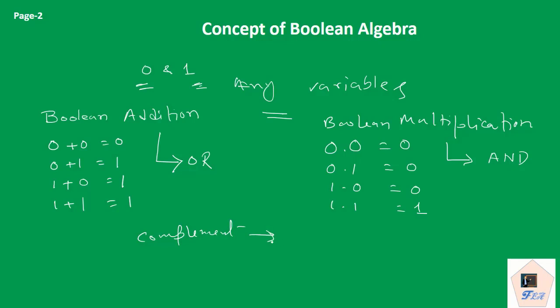Complement is nothing but inverting. If we invert 1, we get 0, and similarly if we invert 0, we get 1. This is popularly known as the NOT operation or inverting operation.